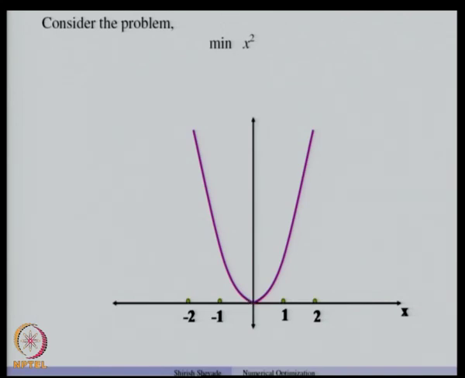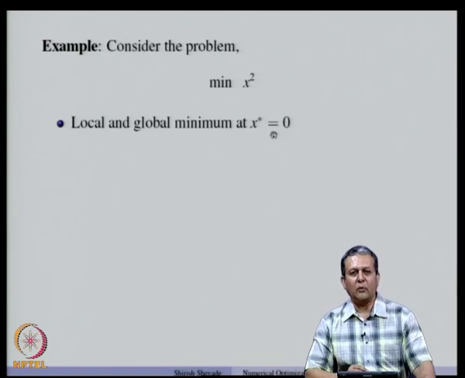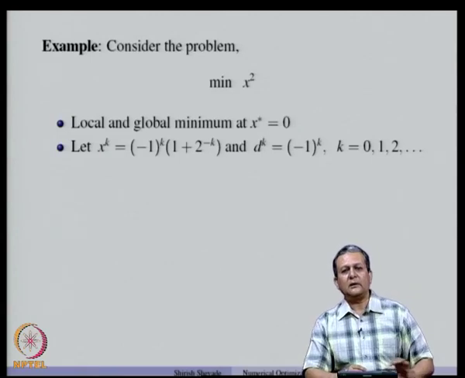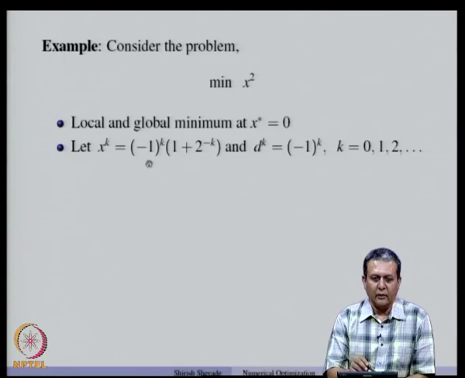Now, suppose that we use some iterative optimization algorithm which will generate the sequence xk using some mechanism. For this problem we know that the local and global minima both are at the same point x star equal to 0. Let us assume that the optimization algorithm generates a sequence xk to be minus 1 to the power k into 1 plus 2 to the power minus k, and dk to be minus 1 to the power k.